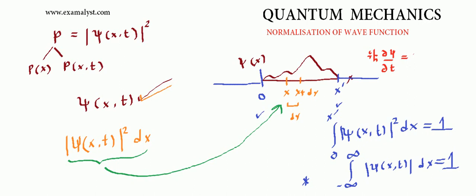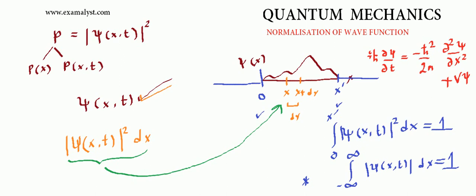And if the probability is a function of time, then you use this i h cross del psi by del t. What is left on the right hand side? H cross square by 2m into d square psi by dx square. So this is the Schrodinger equation. If there is a potential, then you need to add V into psi. This is the general Schrodinger equation at any potential.